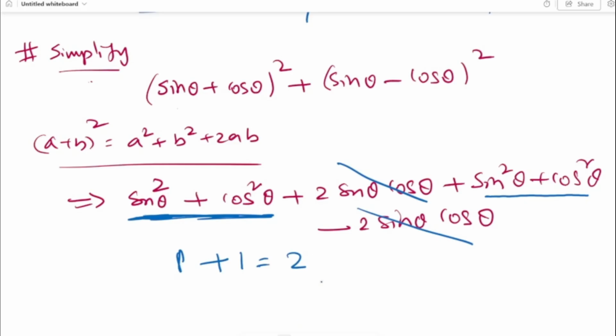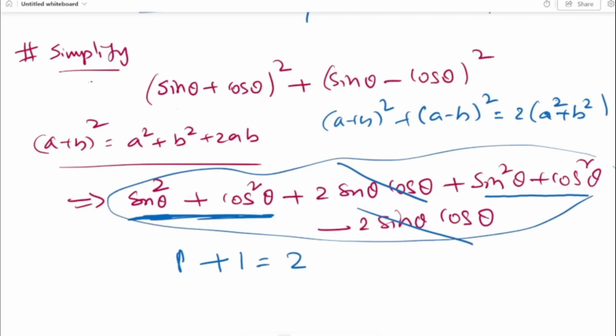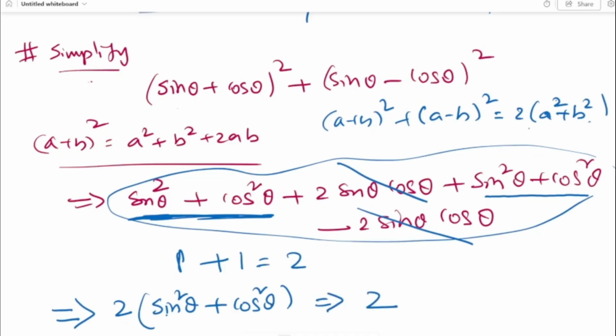If you recall the formula a plus b whole square plus a minus b whole square equal to 2 times a square plus b square, you don't need to expand this whole thing. This resolves to 2 times sin square theta plus cos square theta, which is 1. So this resolves to 2.